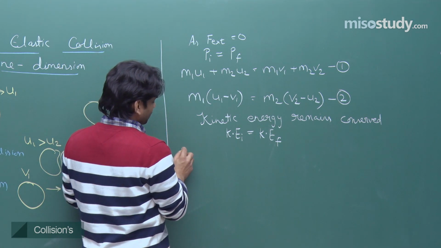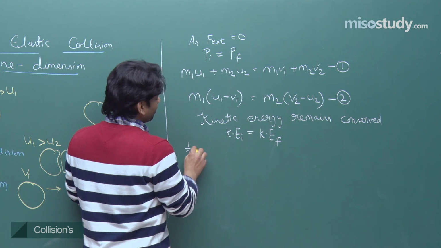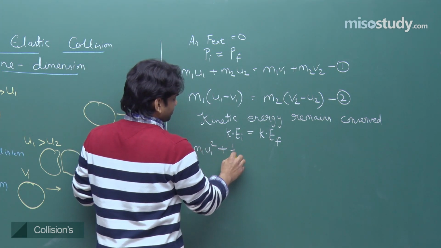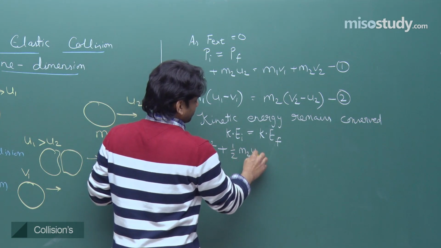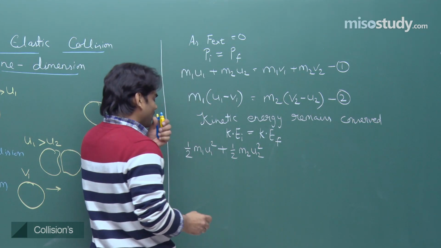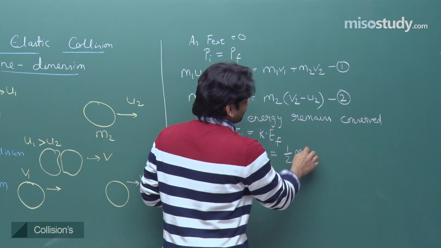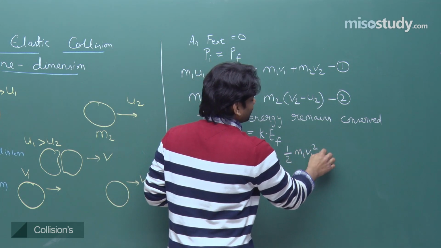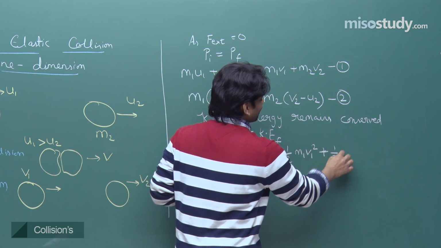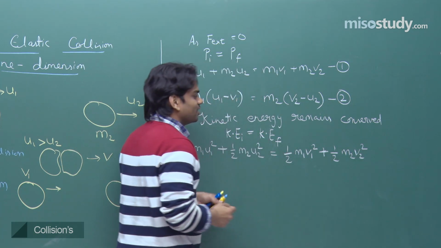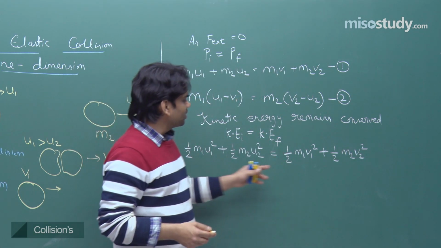We'll have the first relation as half, and I hope you can easily make out all the variable terms that I'm writing here. It's not tough to make sense of how we are denoting the variables: initial speed, final speed.